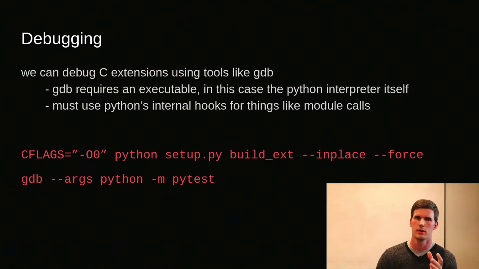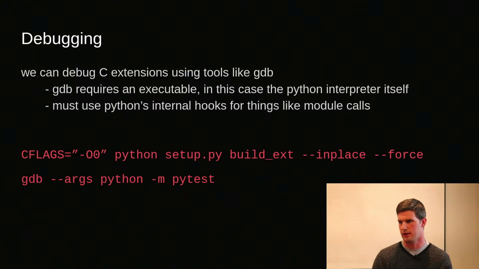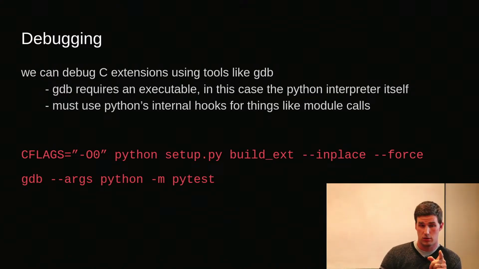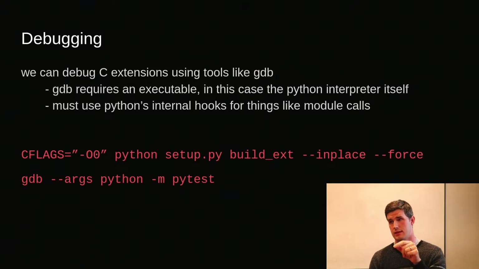For example, when you install PyTest, you can either call PyTest directly, and then your environment knows how to find PyTest, which is an executable that's going to tell Python to execute it. Or you can execute the module itself by doing python -m pytest. What that gives you is the ability for GDB to use Python as the executable, and then that instance of Python is going to go ahead and run PyTest.